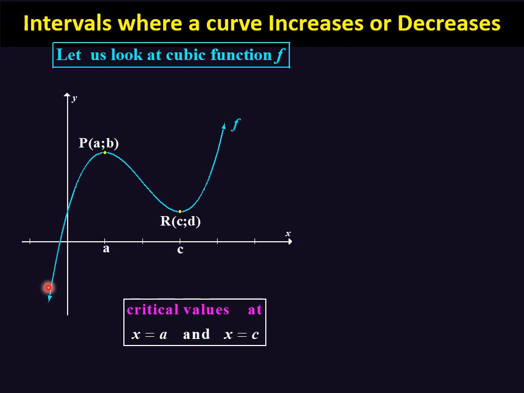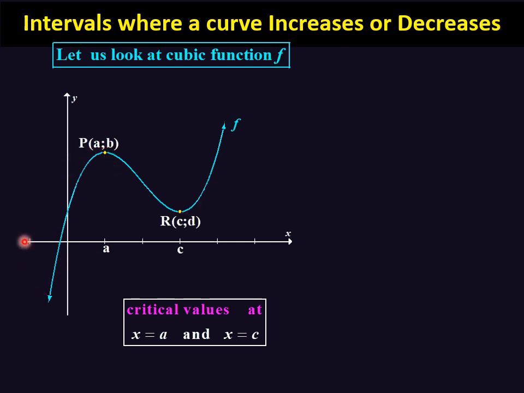Follow it here. What is happening here? It is increasing, and from there it decreases until it reaches the minimum, and then it increases. So the critical values will assist you in determining where a curve increases or decreases.